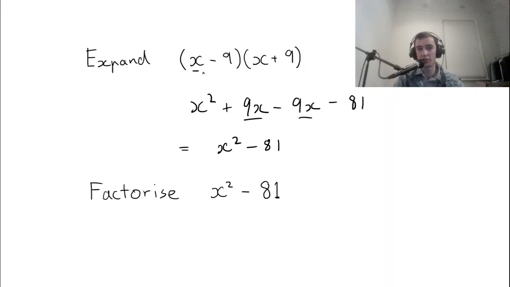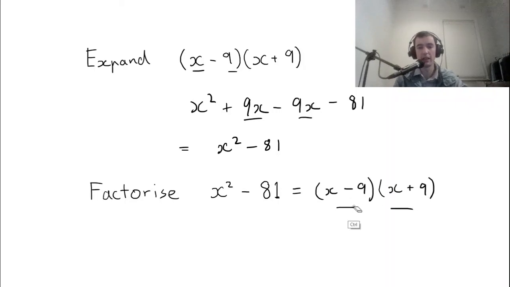So x squared minus 9 squared. Okay, so if you factorize that, again you just have to go backwards into this version, and you just write down the factorized version, the version with the two factors. So that's our two factors, we've factorized it.